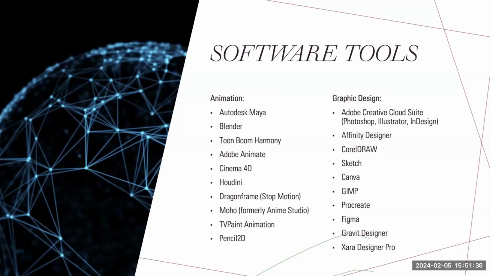Let me continue. Another thing is that you'll find people will take a software title and make it a job. So it'll say Cinema 4D artist, or Pixel 2D artist.